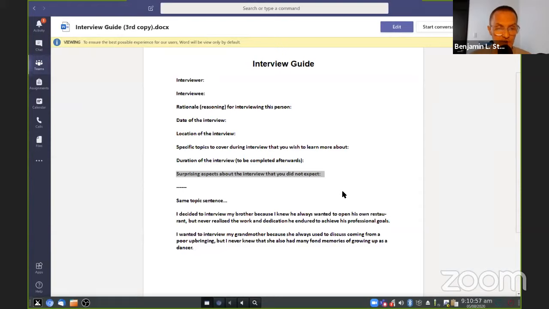Maybe you explain why this happened, or however you feel about the responses. But it's very important to include these three types of sentences in this paragraph: the indirect question, the responses that your interviewee provided, and then your reflection. And you present these three in an organized fashion.